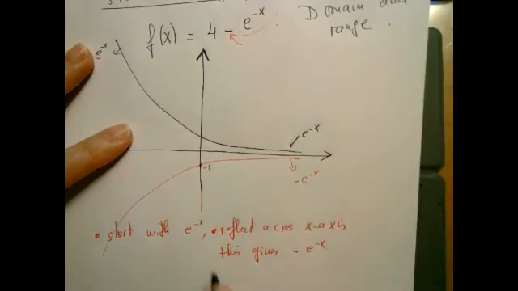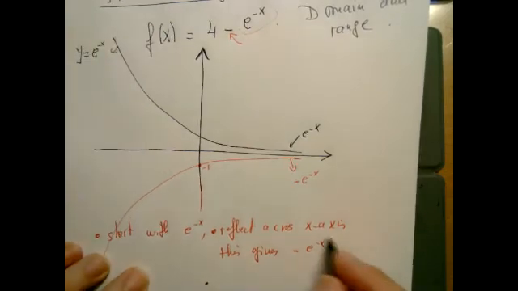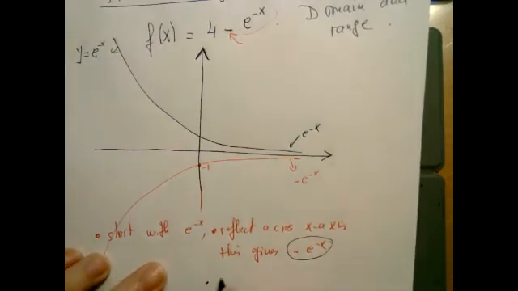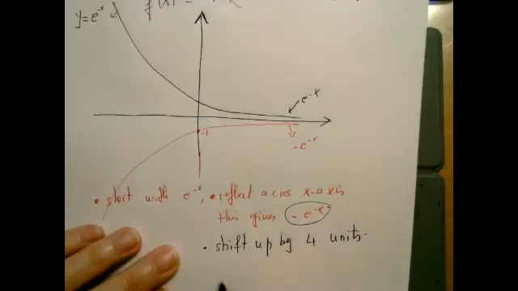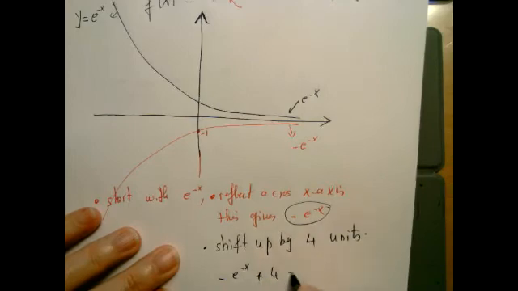The last step is we're going to take this one and shift it up by 4 units. If I shift it up by 4 units, I will get minus e to the minus x plus 4, which is the same as 4 minus e to the minus x.